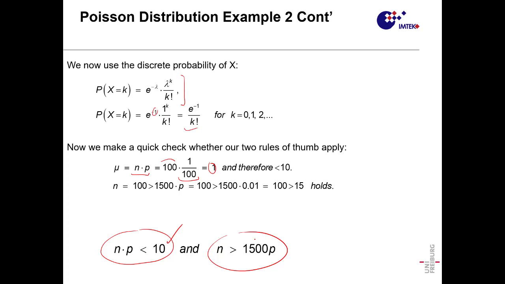And then we do 1,500 times p, and p is 1/100, that is 15, and that is smaller than 100. So n is 100, and 1,500 p is 15. So we can say that the two conditions are met, and then we can use the approximation of the Poisson distribution.